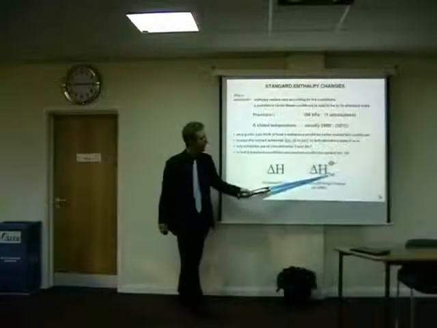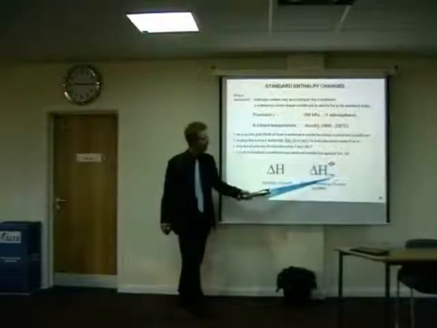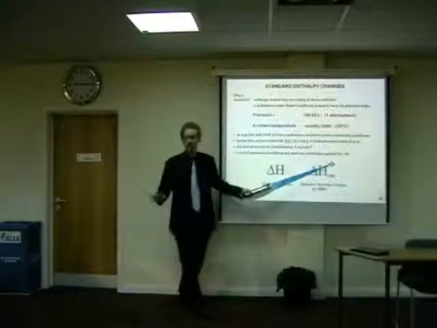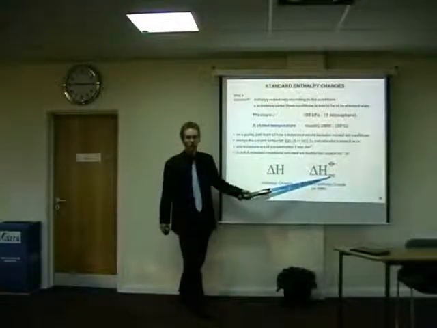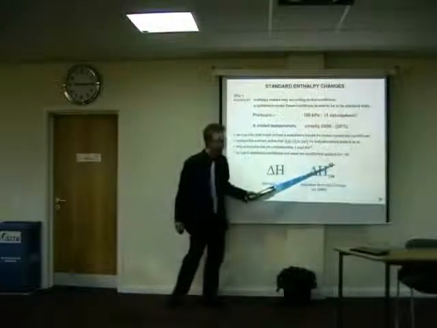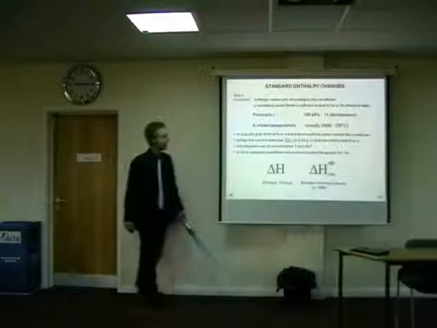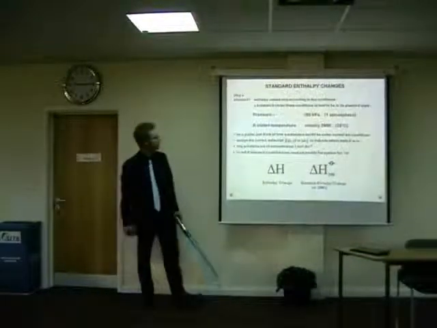Technically, I don't think you need 298 if you've got that symbol there. But 298 is the temperature. So standard pressure, stated temperature, and we've got a nice little bit of symbolism here. So the change in heat enthalpy under standard pressure and at 298K. Happy with that?